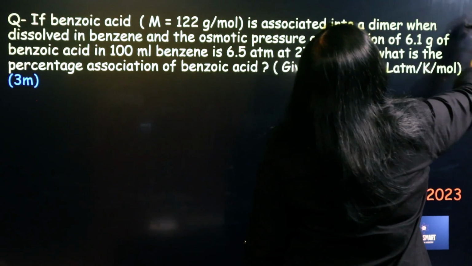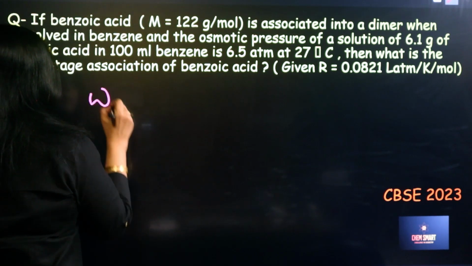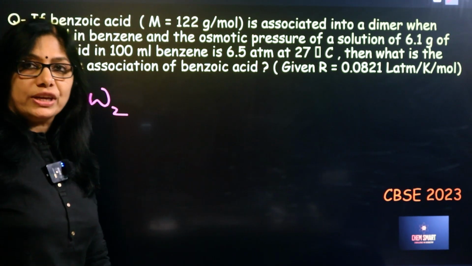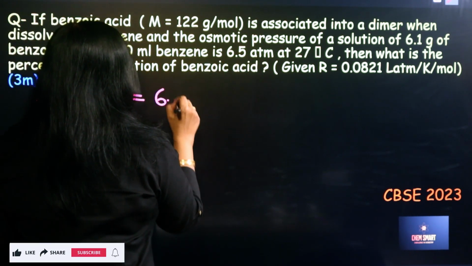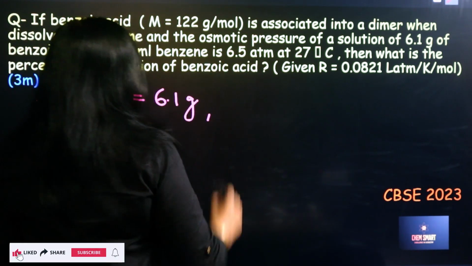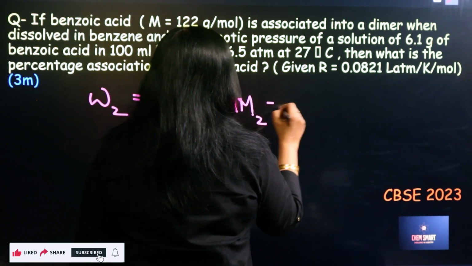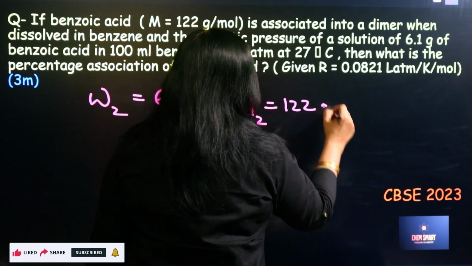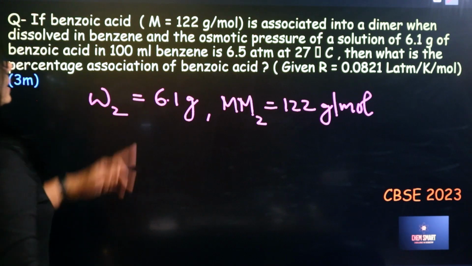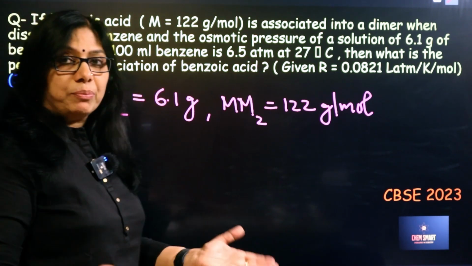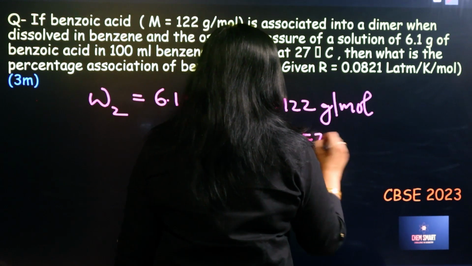Now, let us take the data. Mass of solute, that is mass of benzoic acid, W2, is 6.1 gram. Then molar mass of the solute, MM2, is 122 grams per mole. It is associated into a dimer, so 2 become 1. So we know N will be 2 when we need it.